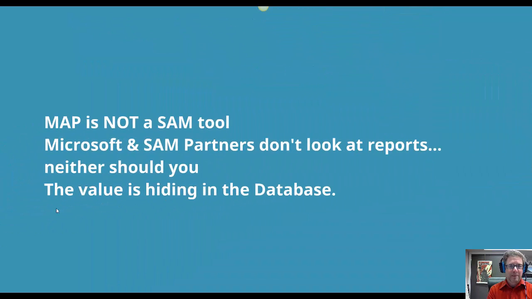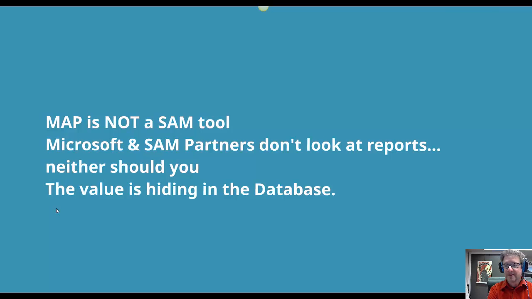Right? So MAP is not a SAM tool, right? And also keep in mind that Microsoft, when doing a soft audit, and the SAM partners don't look at the reports. Neither should you. The value is actually hiding in those spreadsheets and gluing everything together and stapling it all together. It's hidden within the database as well if you wanted to open it up, right?